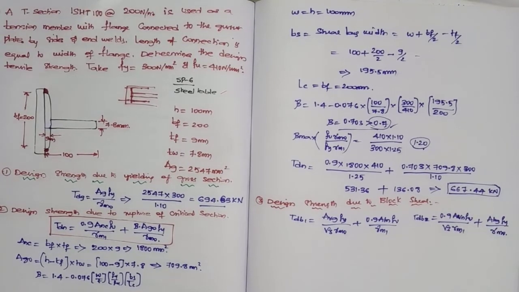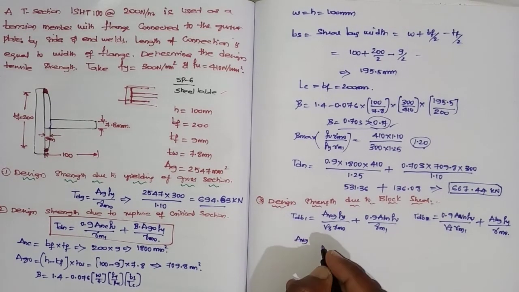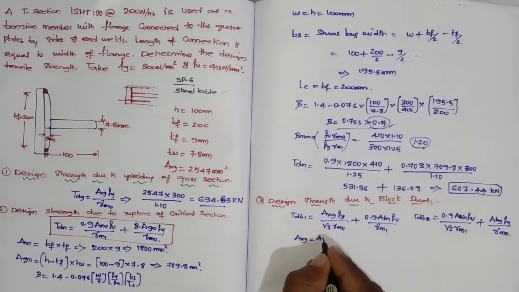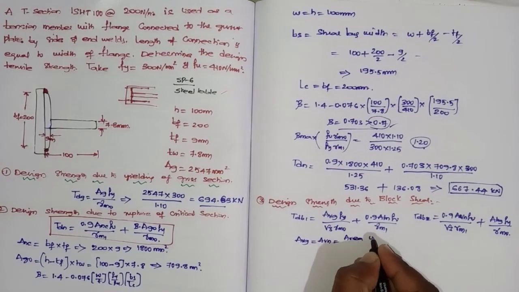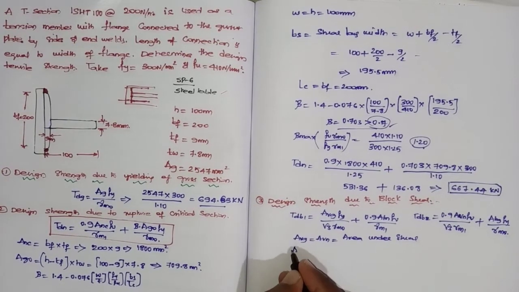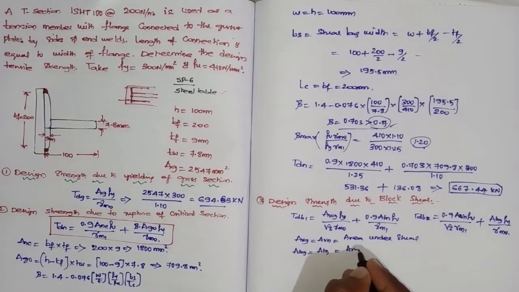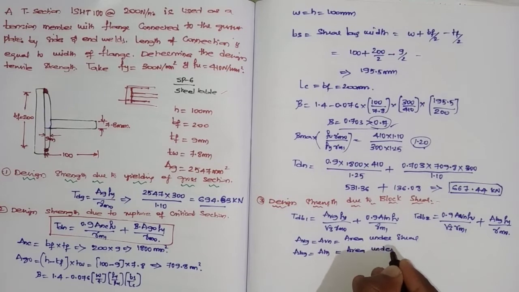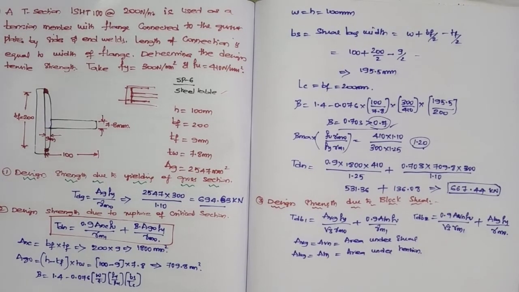Okay, so we already discussed what is AVG, which is equal to AVN, that is area under shear, right? Next, ATG or ATN, this is nothing but area under tension, right?